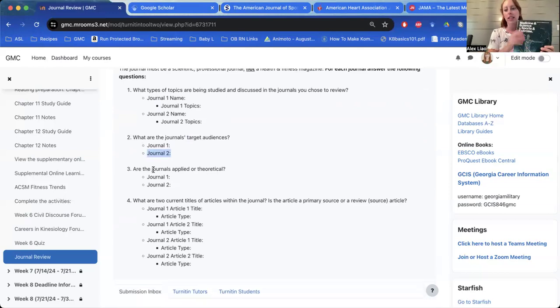Are the journals in general, do they mainly focus on applied science or theoretical science? So for question 3, applied science are articles and studies that use the scientific method. So they are going to be doing research, whether it's experimenting, testing, observing, and then providing the results. This is what we have.